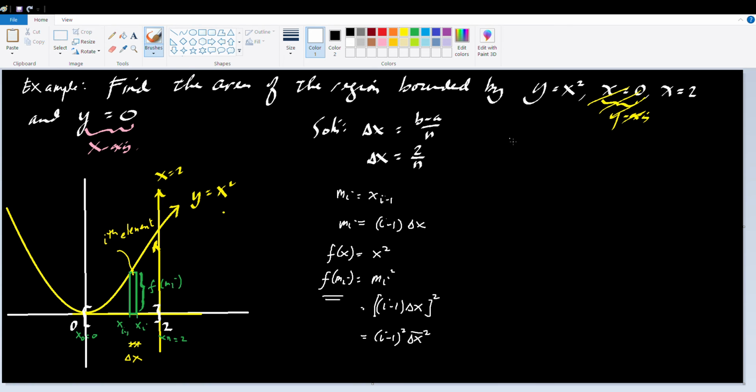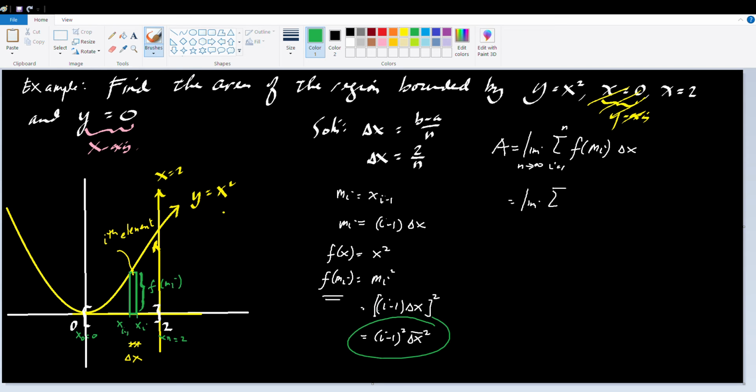So we proceed by writing the formula for the area, which is the limit of the sum of f of m sub i delta x, i from 1 up to n, as n increases without bound. So the limit of the sum, our f of m sub i is i minus 1 quantity squared delta x squared, times delta x.